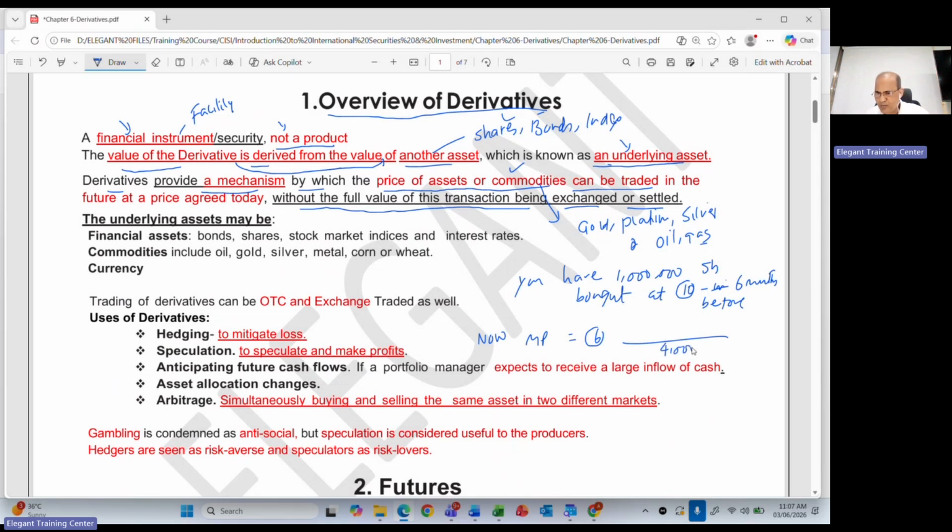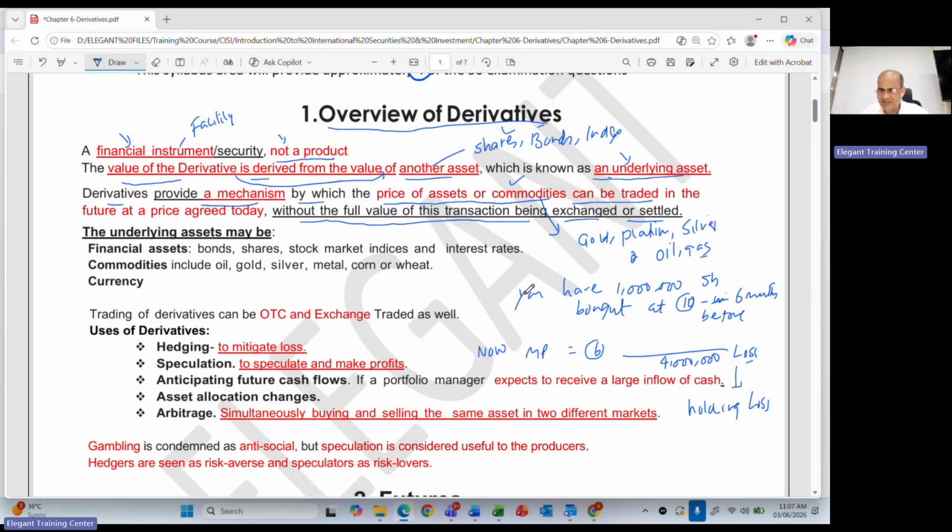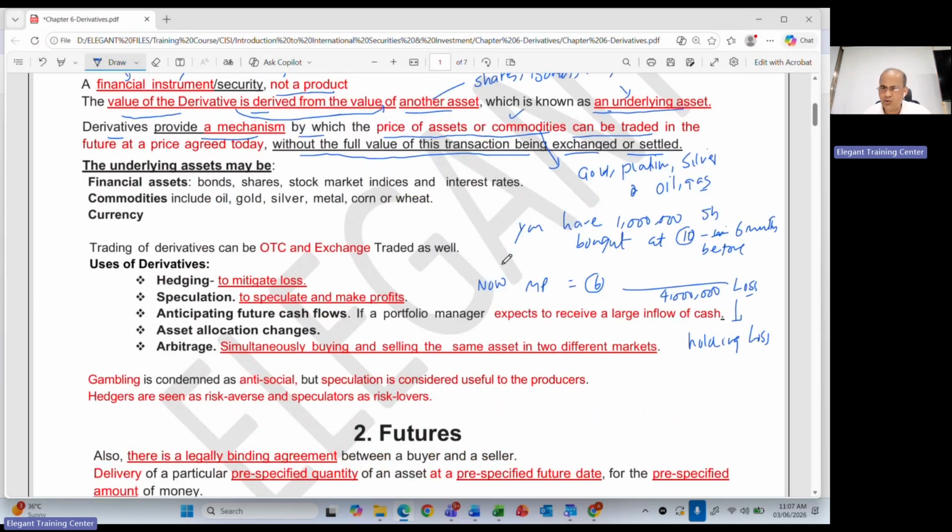You have 4 million dirhams loss. That's called holding loss. Now, if market price is 6 dirhams, what would you like to do? If you feel market price can go further down, better you sell. If you feel market price will rebound, maybe to 7, 8, 9, then of course it is a buy time.